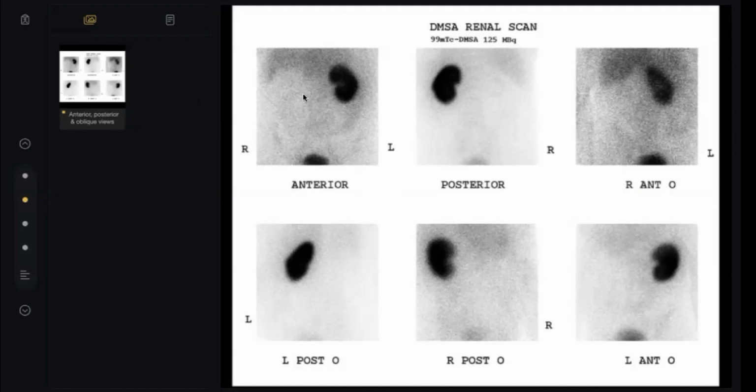No excretion here. This is anterior, my colleague. This is posterior. Our doctor did very well, seeing anterior, posterior from the beginning. These are very few images. It looks like DMSA. Okay, static, non-dynamic, very important.